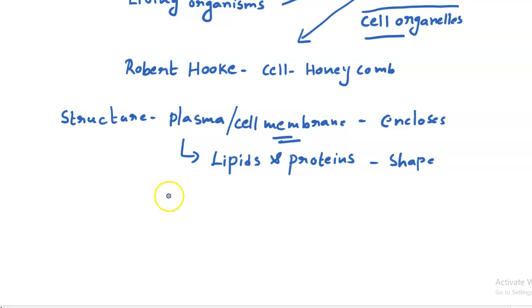This is made up of lipids and proteins, and it is useful to maintain the shape of the cell. As we find, the plasma membrane is an active component of the cell. It helps in the metabolism of the cell.